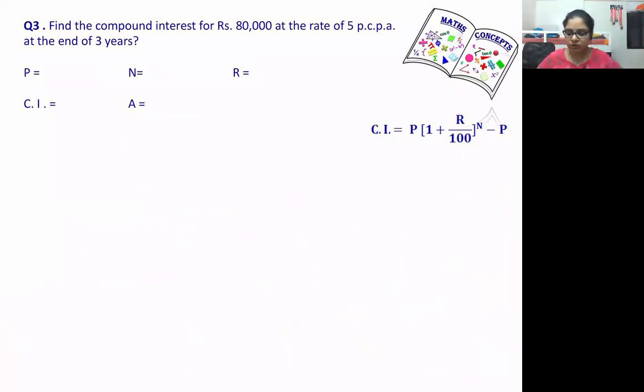Let's do this question on your own and tell me the answer. Let's see who can find it out quickly. Principal is 80,000. Number of years is 3. Rate of interest is 5. We are asked compound interest. We already have the formula.